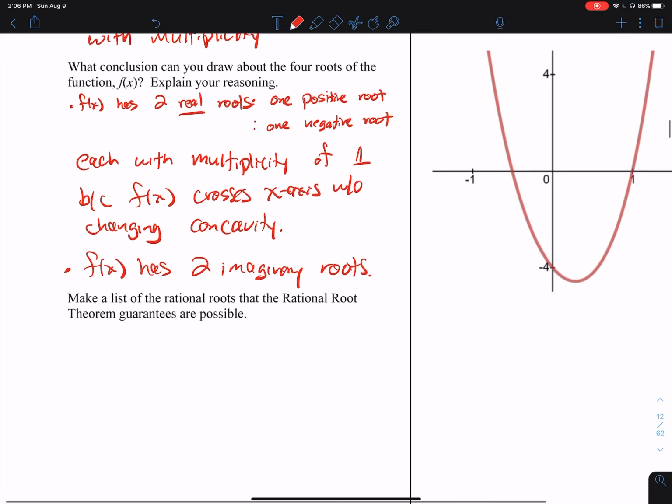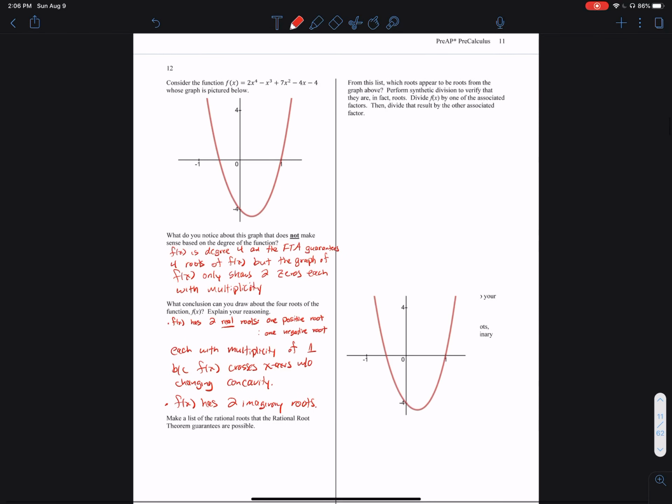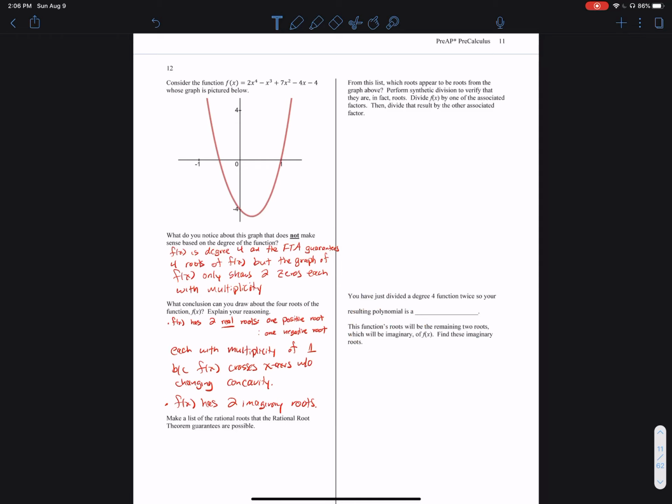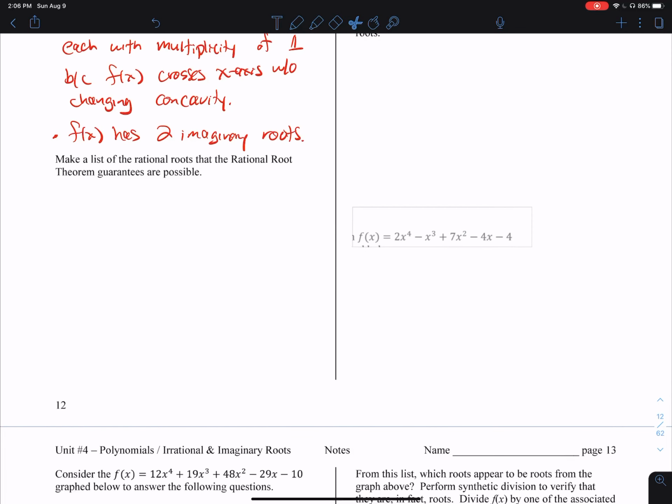Make a list of the rational roots that the rational root theorem guarantees are possible. Let me copy this down so we can look at it while we're discussing it.